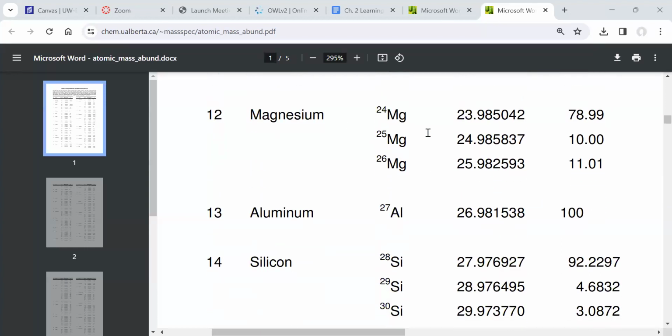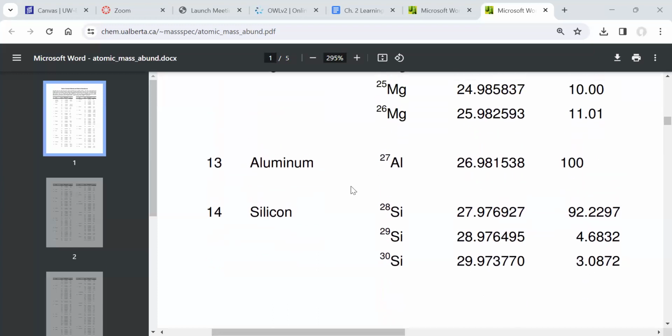But magnesium, here's magnesium. There's 3 isotopes found in nature. What number do you put on the periodic table? Well, you put a weighted average on there. So if 78.99% of the magnesium found in nature is magnesium-24, 10% is magnesium-25, and 11.1% is magnesium-26, we need to figure out a weighted average.